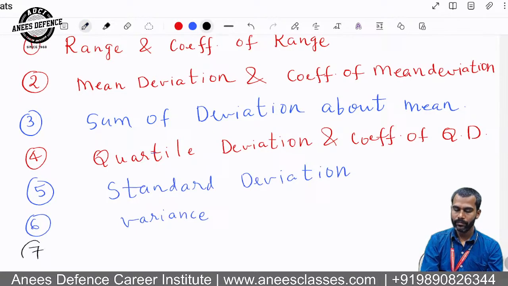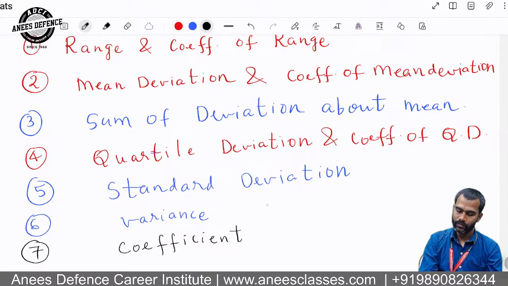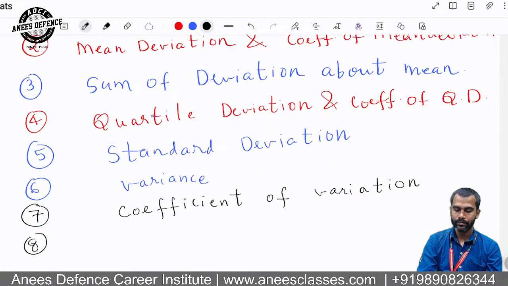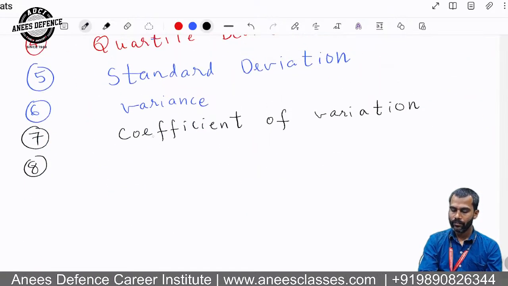Number 7, coefficient of variation. Number 8, consistency.